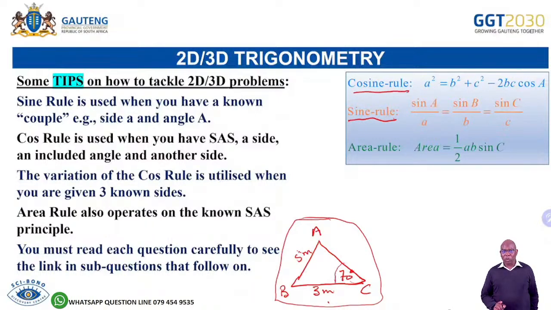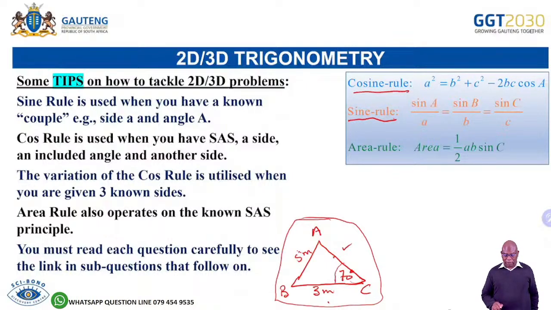Those are the two rules that I'm going to use in the triangle where we don't have a right angle. I can still use these rules in a right-angled triangle, but it would be a waste of time because I can use the trig ratios. You can still use them, but I don't think it's necessary. But in this one, you don't have any choice. You must use the two rules, the cosine rule and the sine rule.